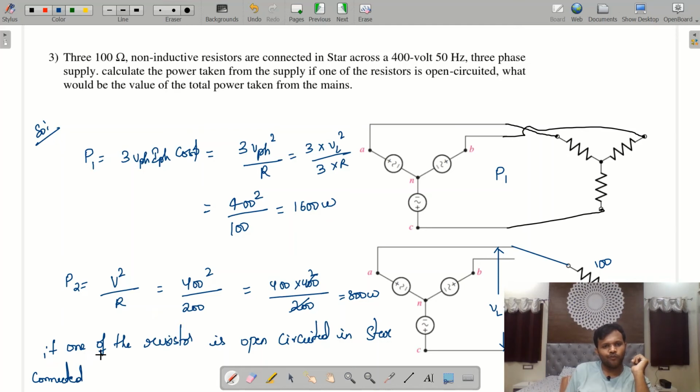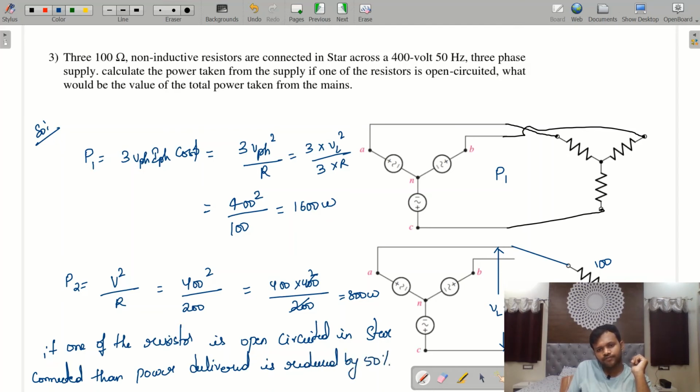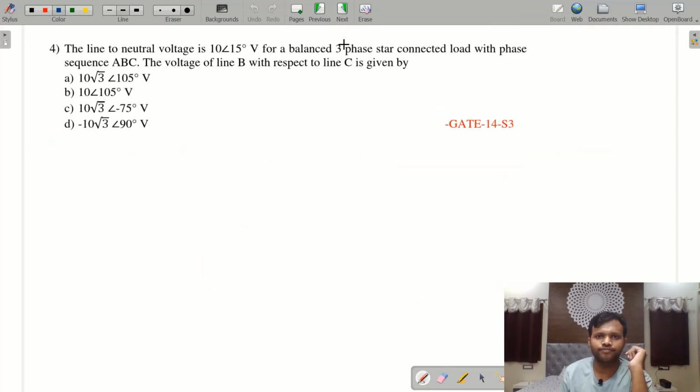In the next lecture we will see what will happen if in a delta connected load one of the resistors is open circuited, and by how much the power is reduced. So the power delivered is reduced by 50%. If one of the resistors is open circuited, the power delivered will be reduced by 50%. We will see in the next lecture what will happen in a delta connected load.